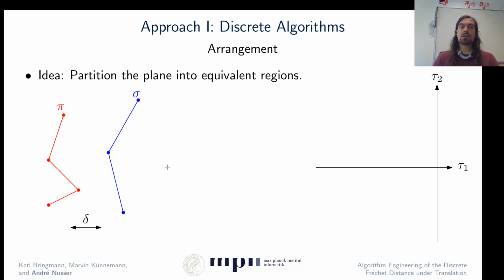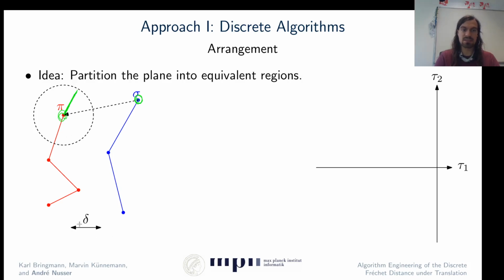So there are actually 2 approaches that I want to talk about. The first approach is the classical approach that you have in discrete geometric algorithms. And this is building an arrangement. So I will quickly explain how we built this arrangement. So we have those 2 curves here. And now in which case does this point here get close to this point? It will get close if this point is translated into the delta ball around this point here.